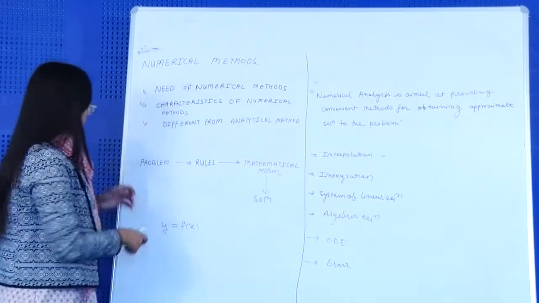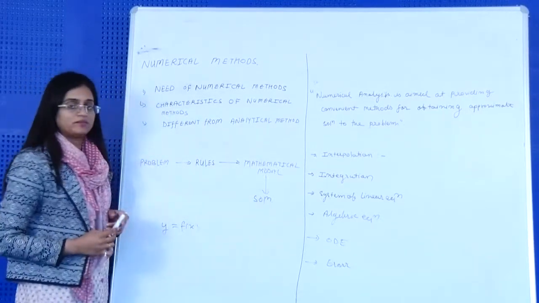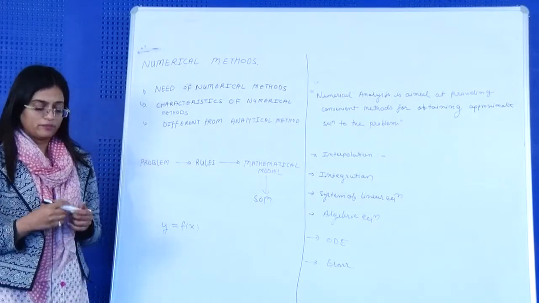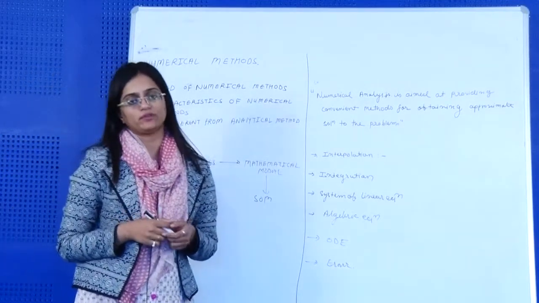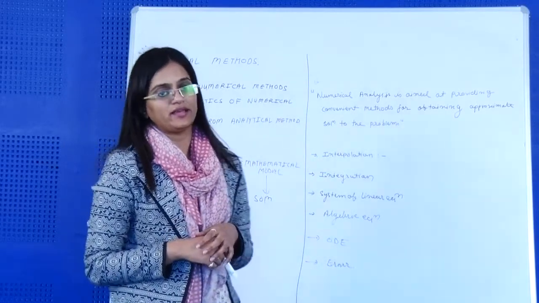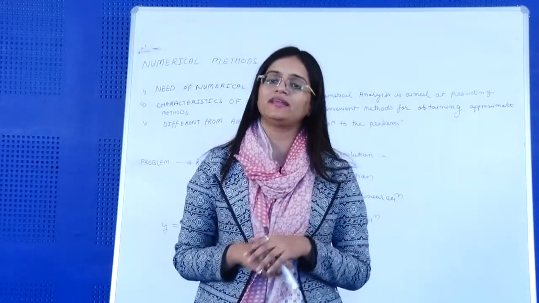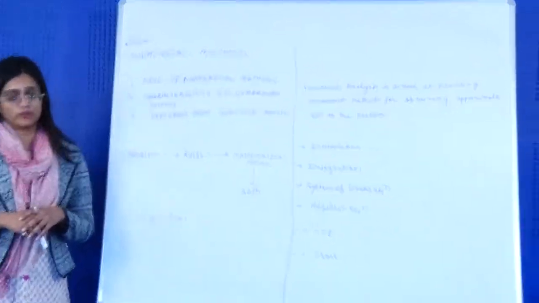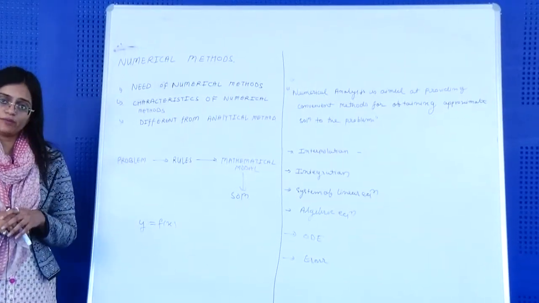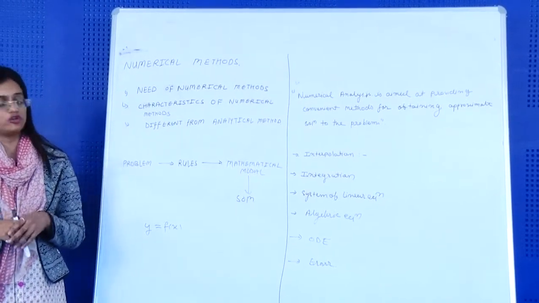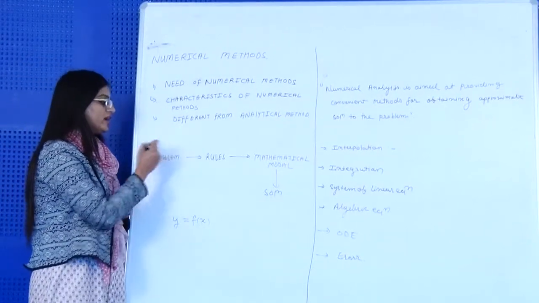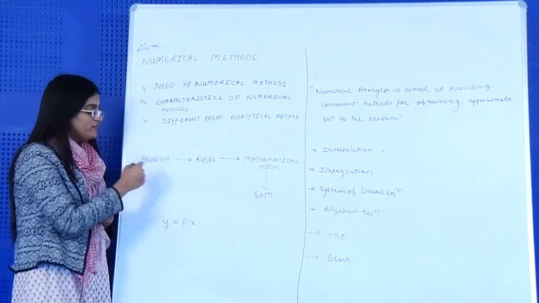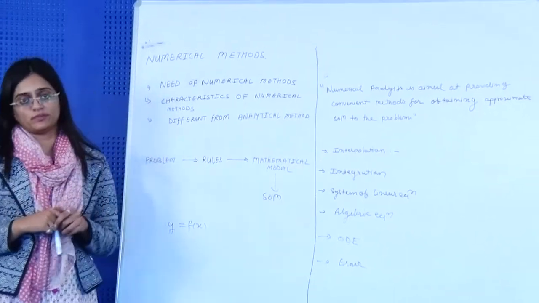See, in this diagram I show that if we have a problem, it can be any engineering problem, any scientific problem, or any business problem. If we want to find the solution, first we have to identify our problem. Then we have to identify the roots of the problem.